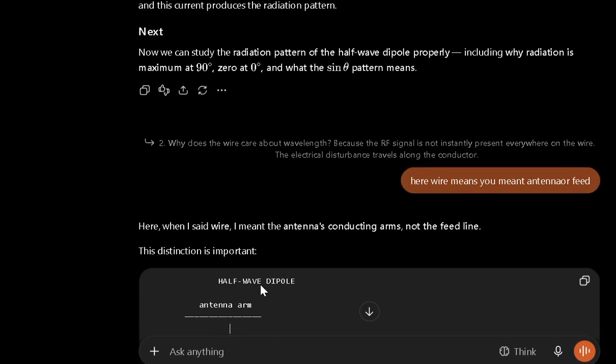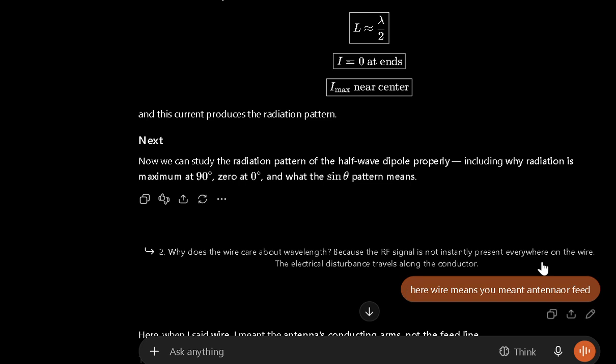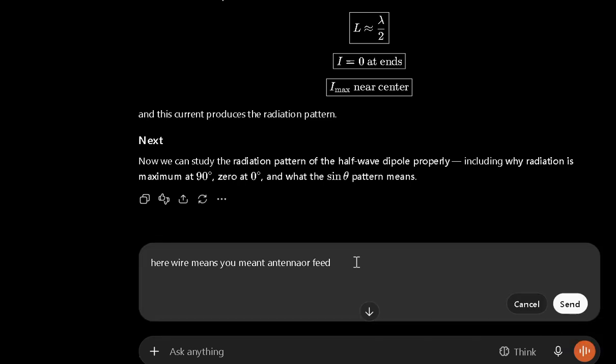Okay, what's next? The radiation may be maximum at 90 degrees.